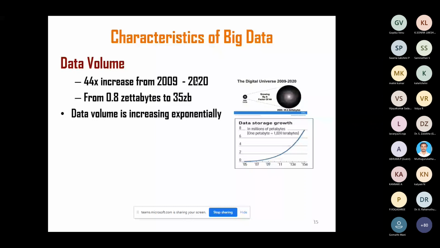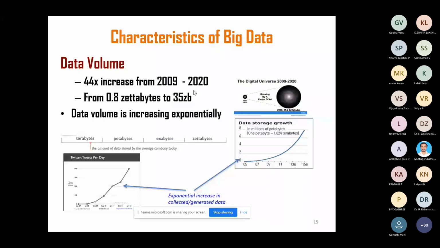From 0.8 zettabyte to 35, or even exceeding that, which means data volume is increasing exponentially and it is getting doubled in less than 18 months. If that is the case, the amount of data grows in terms of terabytes to petabytes, exabytes, zettabytes, and so on, and that is how the volume of data gets increased.